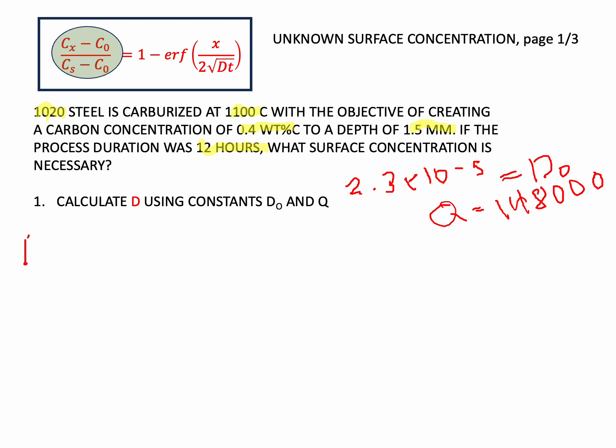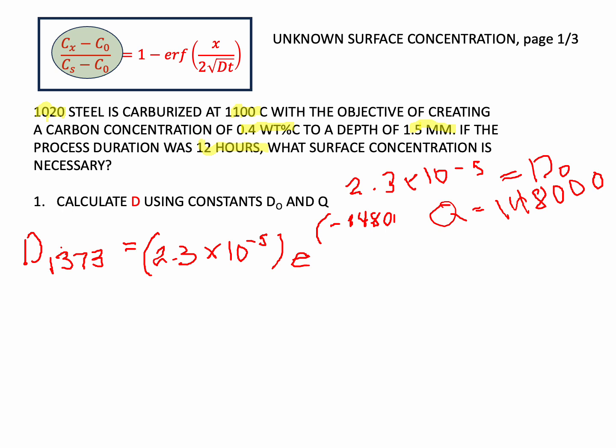So D at, let's see, we have 1100, so we've got 1373 K. D would be equal to this D0 value of 2.3 times 10 to the negative 5 meters squared per second, e to the minus Q, 148,000 divided by 8.31 times 1373.